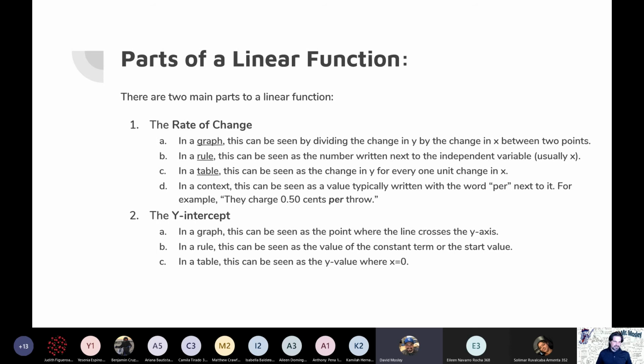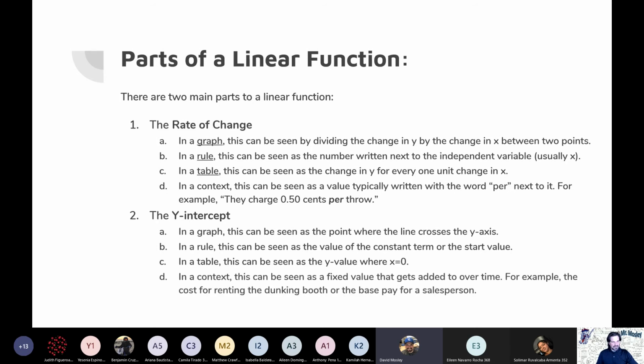In a table, this can be seen as the y value where x equals 0. And in a context, this can be seen as a fixed value that gets added to over time. For example, the cost of renting the dunking booth or the base pay for a salesperson. Those would be considered the y-intercepts or the start values.